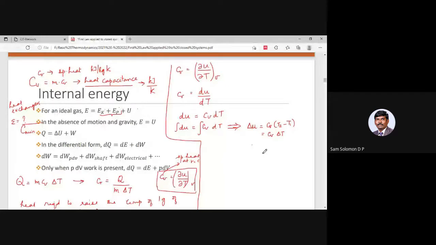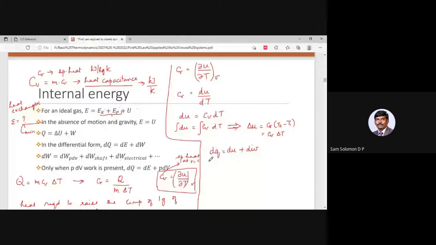If we apply the first law of thermodynamics for a process, we know dq is equal to du plus dw, and assuming the process to be quasi-static, and now we are talking about a closed system, so dw should be pdv.